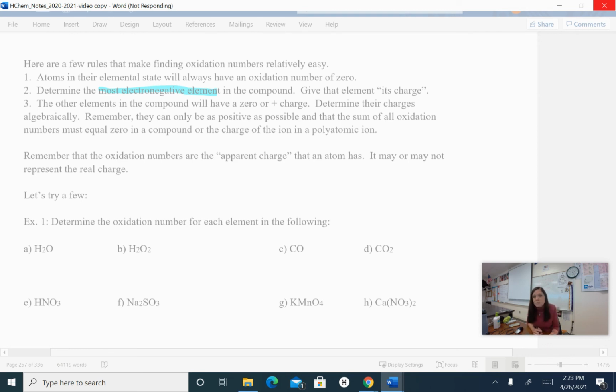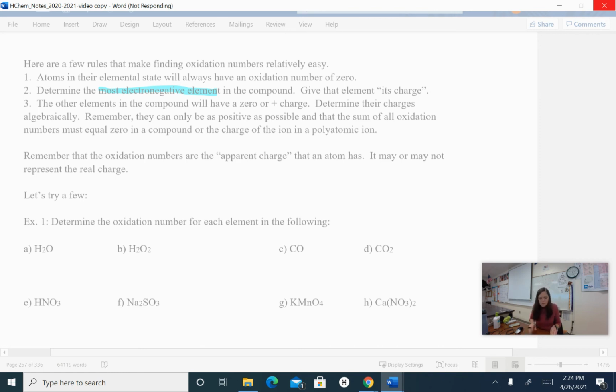And they can only lose as many electrons to get those positive charges as they have valence electrons. If you have 4 valence electrons but you're assigning a charge of +7, that doesn't work. The highest it can be is +4, because once we start going into those inner shells, it's game over for oxidation numbers. So we can only lose valence electrons.